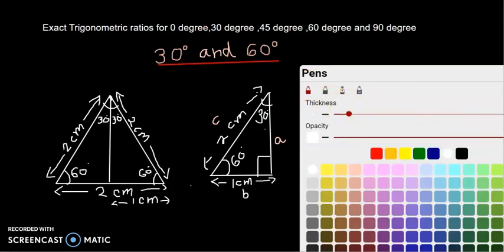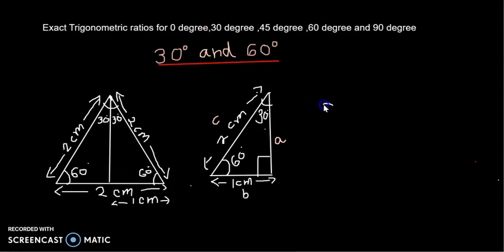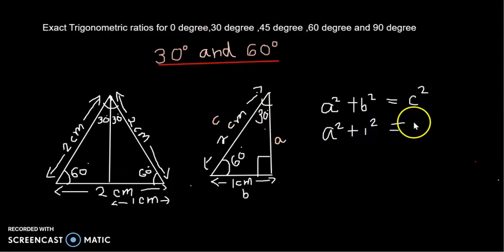So here A square plus B square is equal to C square. A square we keep as it is. B is 1, so it will be 1 square. And C is 2, so it is 2 square.